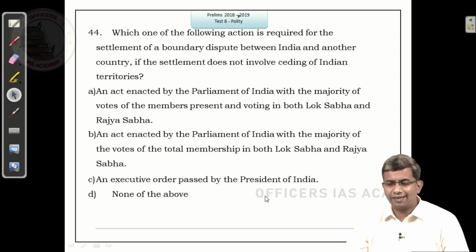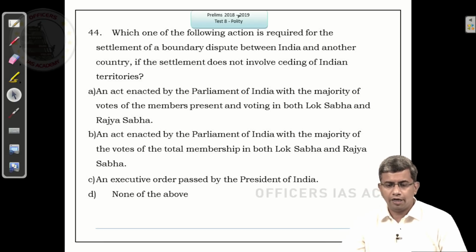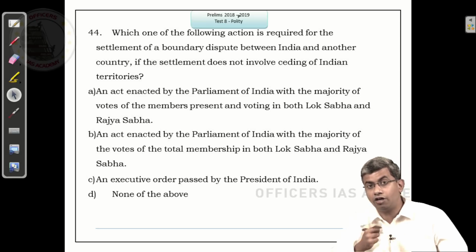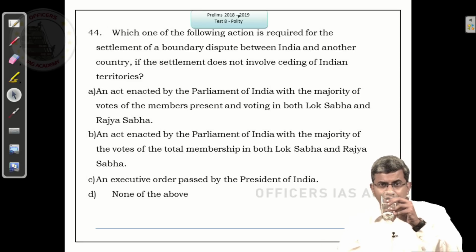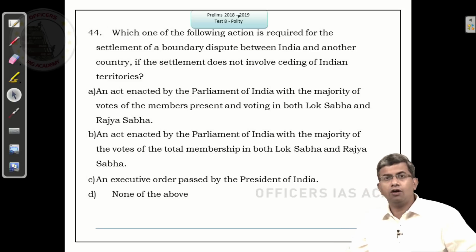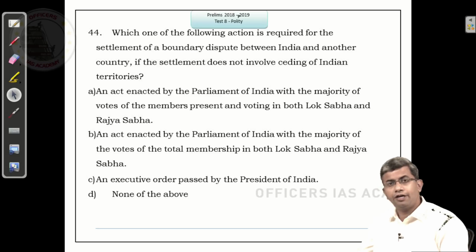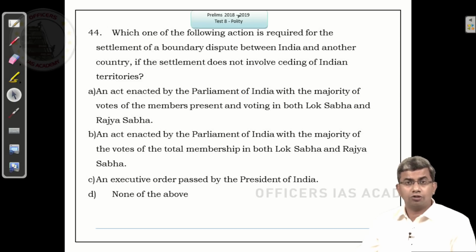Which one of the following action is required for the settlement of boundary dispute between India and another country if the settlement does not involve ceding of Indian territories? We saw in one of the first few questions that if there is ceding of territory in favor of a foreign country or exchange of territory between India and a neighboring country, then it requires a constitutional amendment.